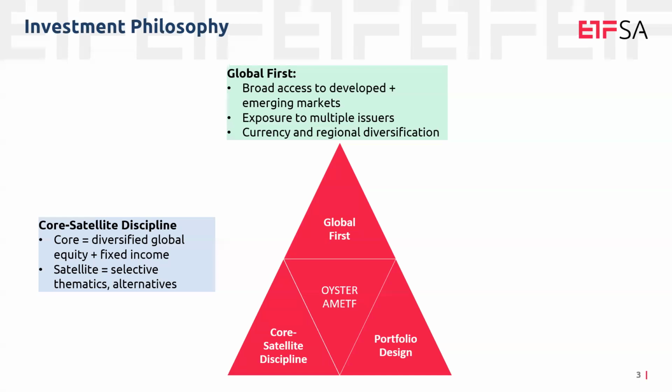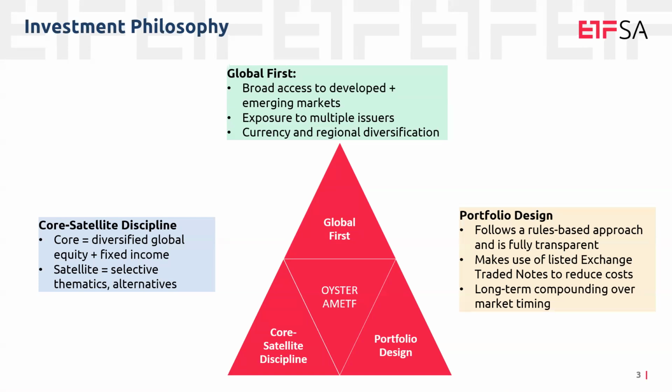The core satellite principle really says that you start with a core portfolio which is well diversified between global equity and fixed income. But then in the satellites, we want to add tilt exposures by incorporating thematic exposures, incorporating alternative exposures to tilt the portfolio in the direction of where we believe best opportunities are at any point in time.